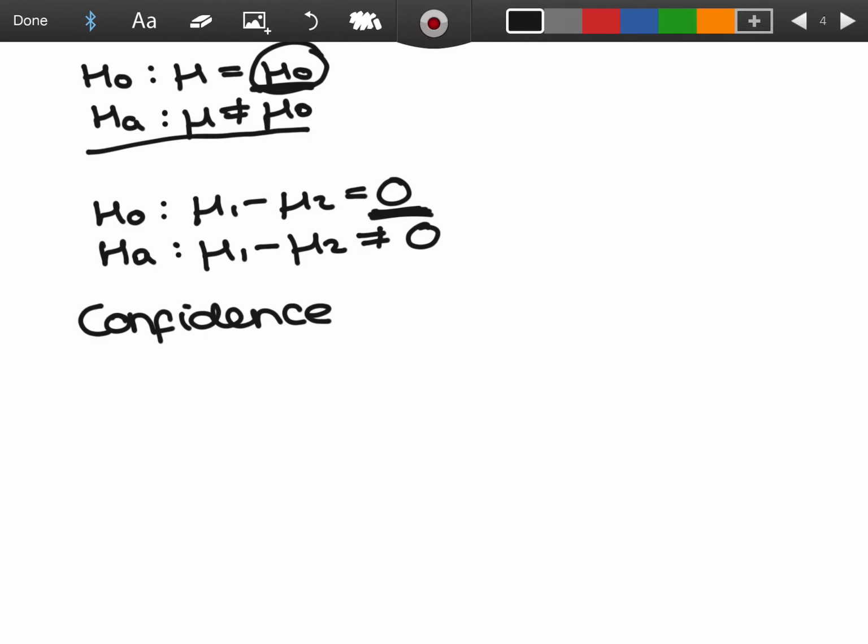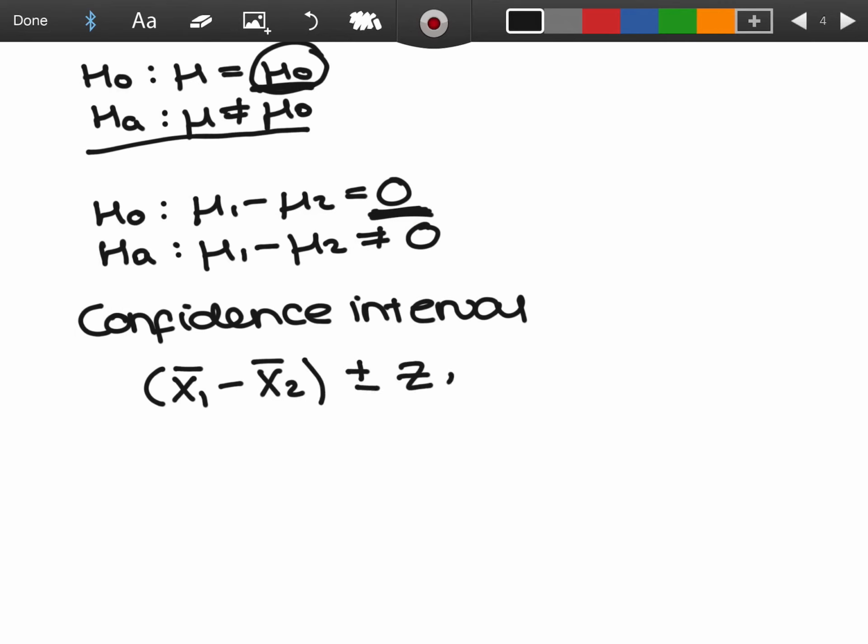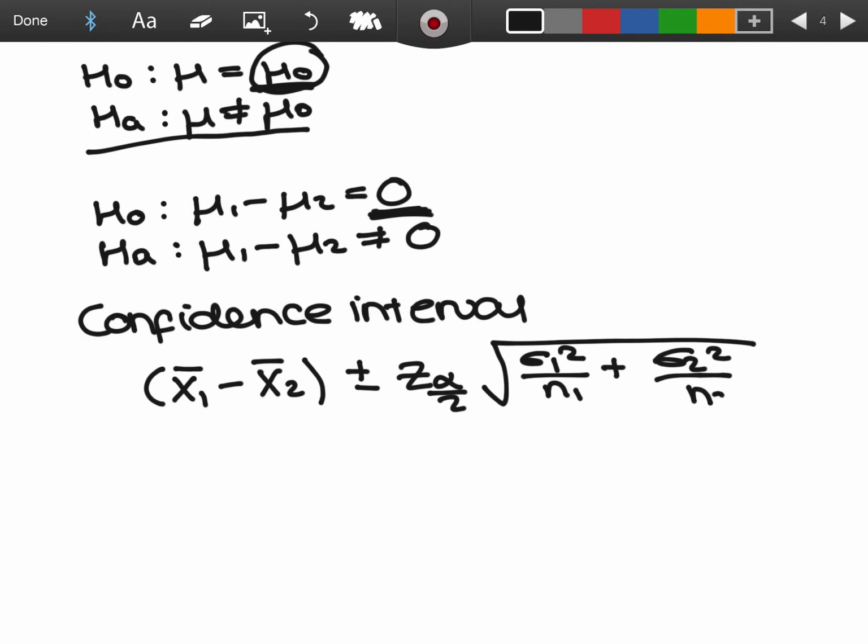Again, if you have a two-sided alternative hypothesis, our confidence interval is going to be x1 bar minus x2 bar plus or minus z of alpha over 2 multiplied by the standard deviation of the difference in the sample means, which we said was this thing here. It was the denominator of that fraction when we did the test statistic.